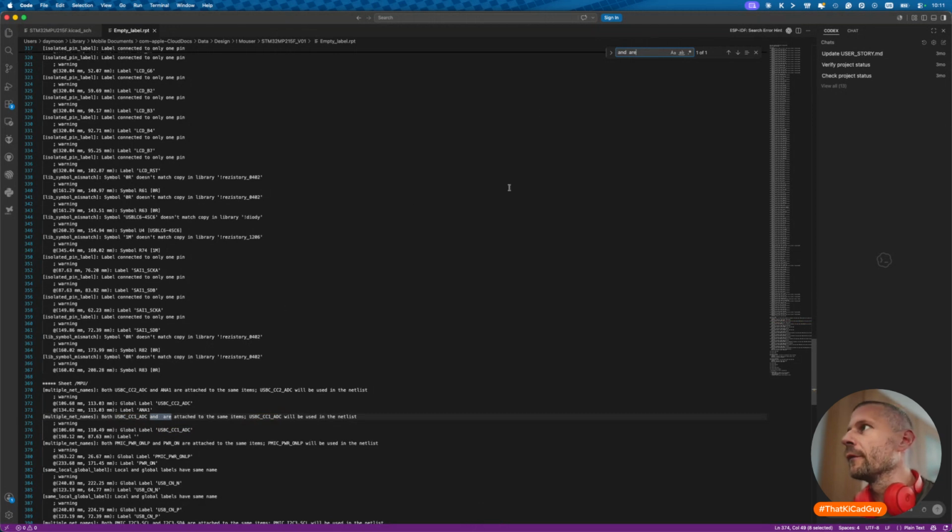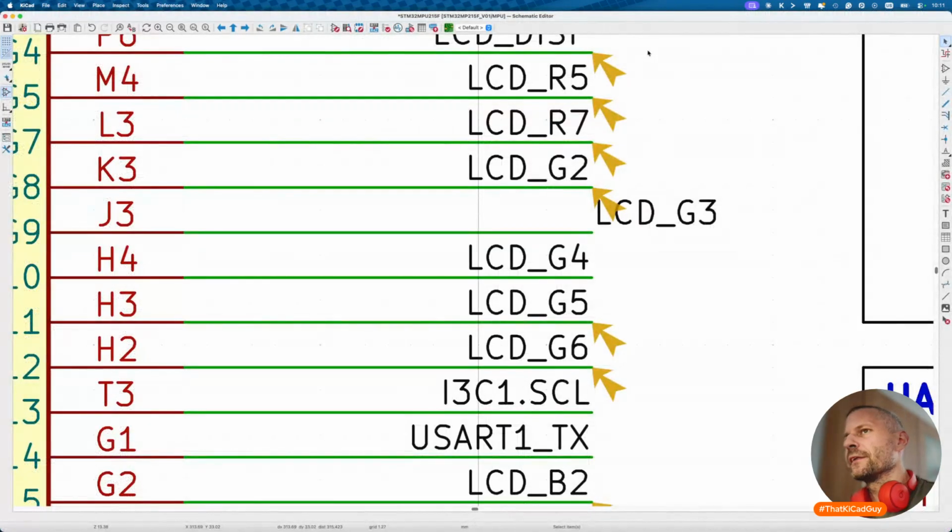Okay. So again, USB CC1, it's the only three other, so yeah, the ERC doesn't see it. It's hidden to ERC.